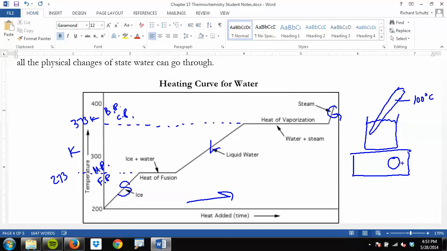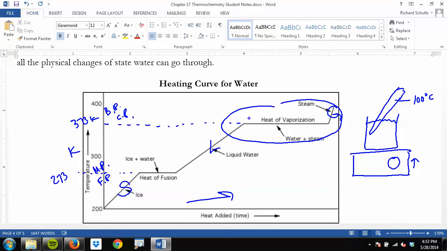But what if I were to crank the temperature, turn the knob even more? What would happen to the temperature of the water? And the answer is nothing. The temperature, or the number on this, should remain the same. And that's exactly what the heating curve shows. We're talking about this transition right here. As I take liquid water and it reaches its boiling point, 100 degrees Celsius, it will stay at that temperature.